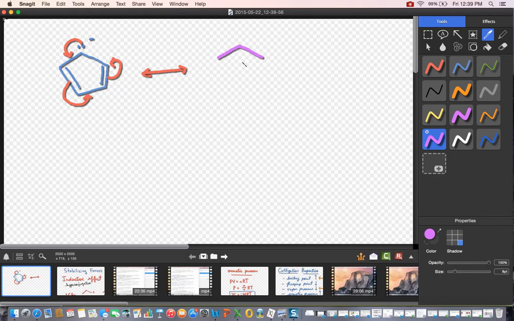Let's be progressive and use pink today. What do you say? So this is how a Frost circle works. We are going to inscribe this 5-membered ring into a circle with one of the apexes of the polygon at the bottom of the circle.